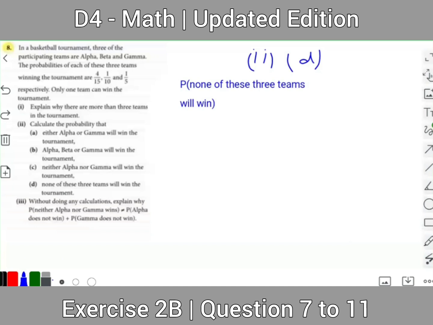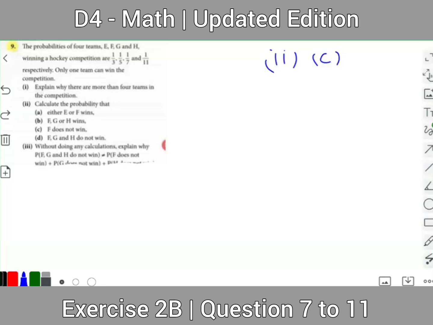Now in the part C, we have to find out what is the probability that F does not win.